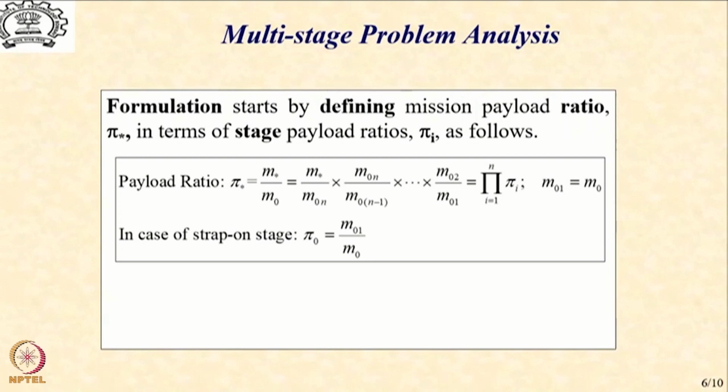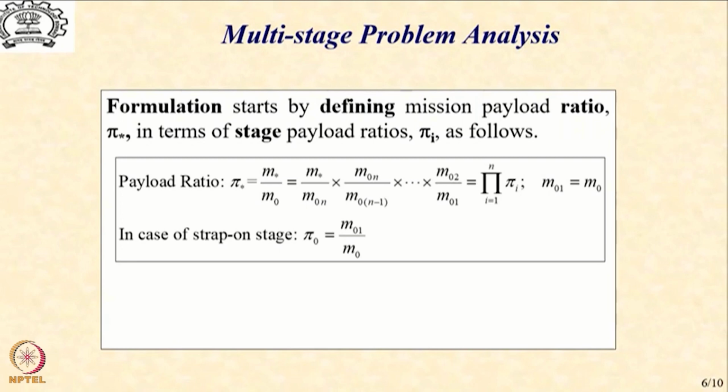It has to be done in such a manner that their product is always equal to pi star. Of course, even within that constraint, there are infinite possibilities of pi i's which will result in the same pi star, and that will result in multiple design solutions for the same payload ratio specification. And this is something that we will have to deal with when we are setting up the formal design process.